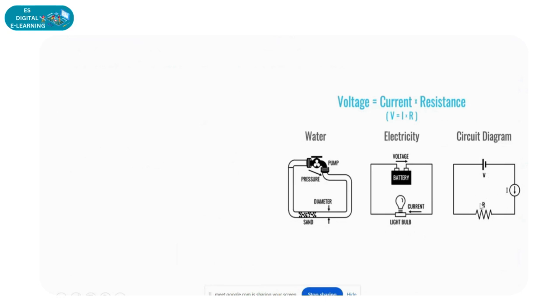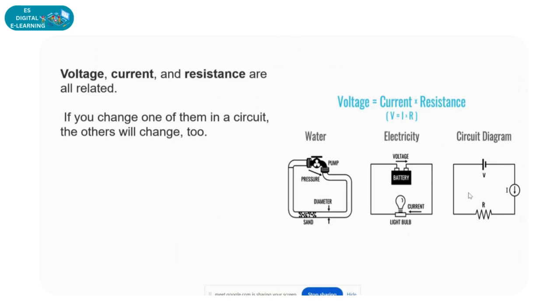This is a very simple diagram to understand. Sometimes in interviews they may ask you, can you give me a simple circuit diagram for voltage, current, and resistance? So you can give this basic diagram. These are related, so if you change any one of them, for example suppose the resistor is not there, whatever voltage you are giving will flow completely in the circuit.